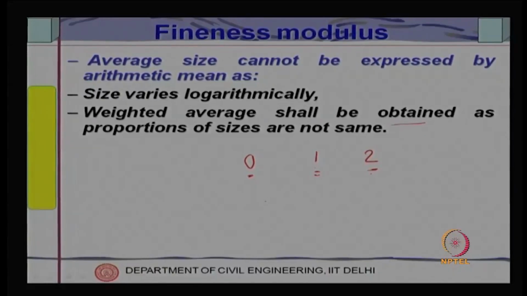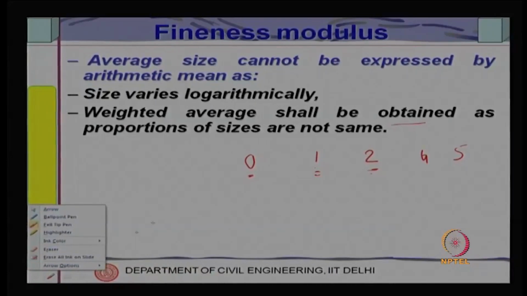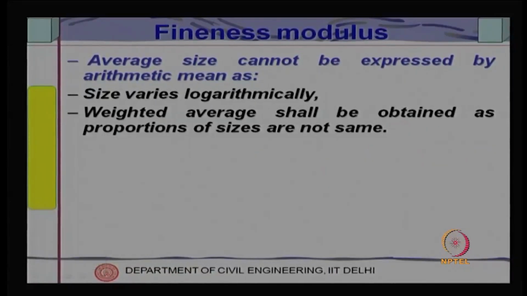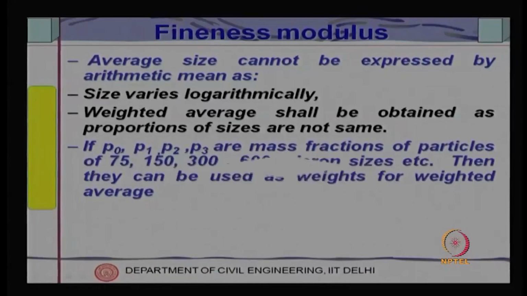If they were the same, and there were 5 sieves, the average would simply be the sum total divided by 5. But actually the proportions are not the same, therefore we talk in terms of weighted average.